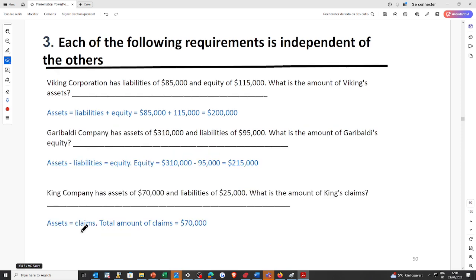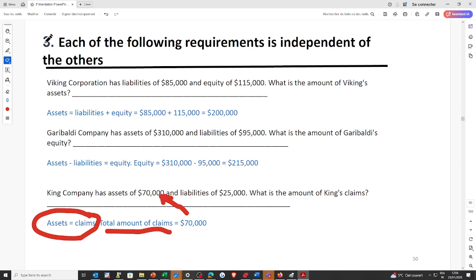So here we will have the formulation like this: asset should be the amount of the company claim, and the total amount of the company claim should be the asset amount. So it should be 70,000, right? That's very simple.